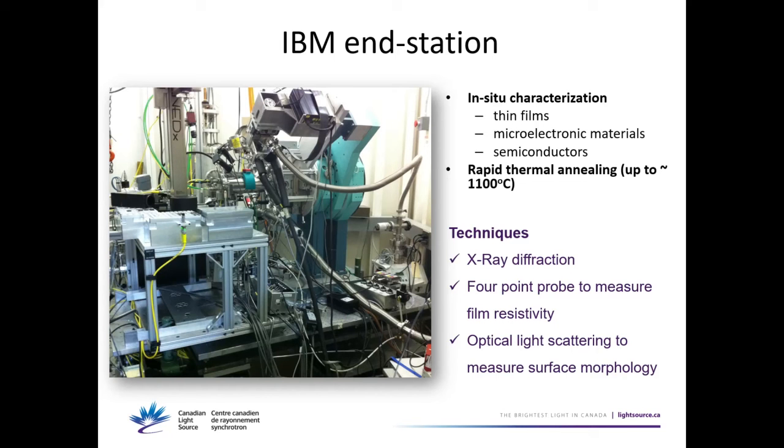They control the atmosphere. They have ultra-high purity helium or nitrogen during the experiment. And they also have optical probes shining on the sample and detectors to detect how the roughness of this film changes during the thermal annealing.